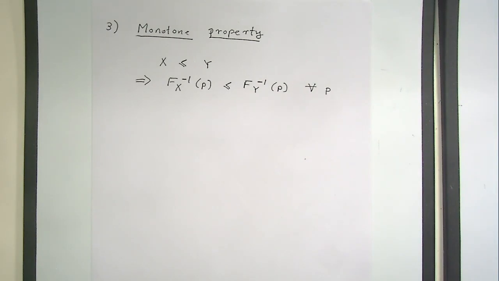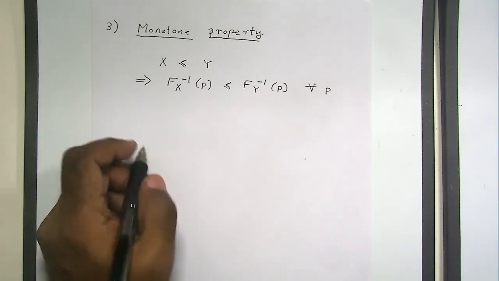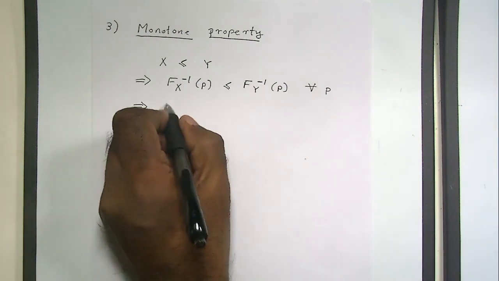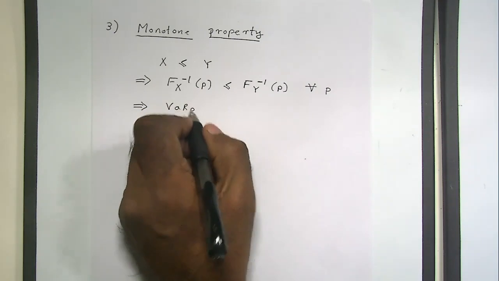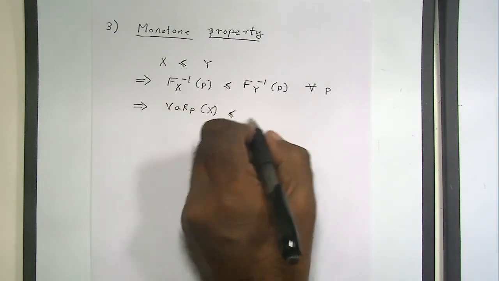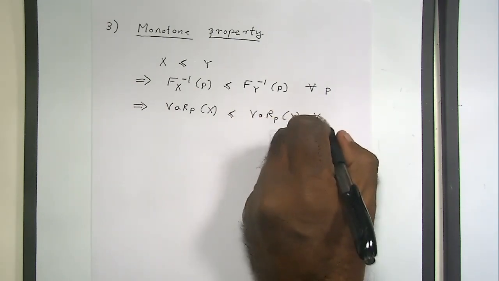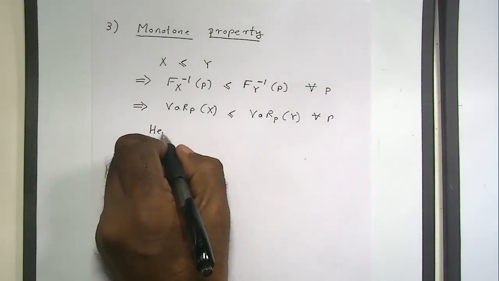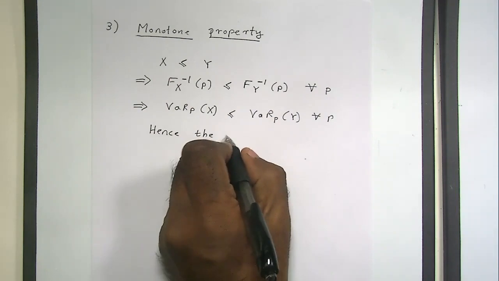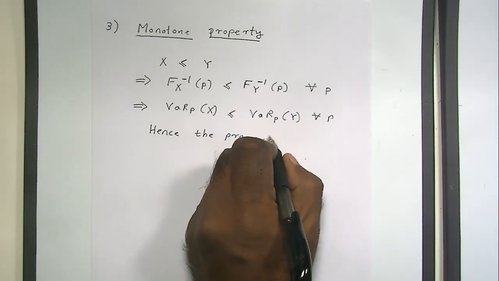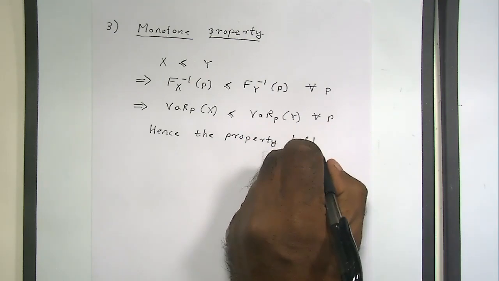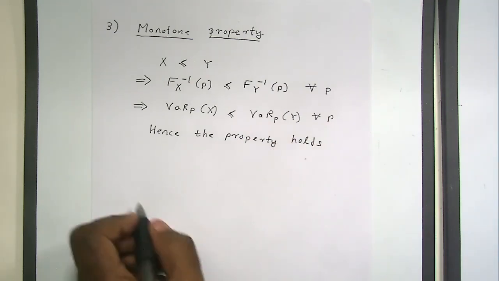Okay, so if two random variables are ordered like x less than or equal to y, then the corresponding quantiles, I mean these are known as the quantile functions or the inverse CDFs, must also satisfy the same ordering. Okay, that's number 3. Number 4.